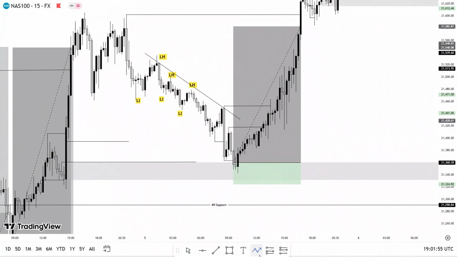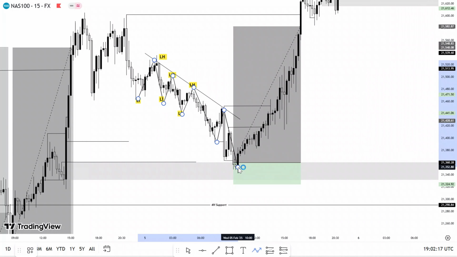If you observe the manner at which the market approached my point of interest, which is this level here where I took my entry from, the market was constantly creating lower lows and lower highs.